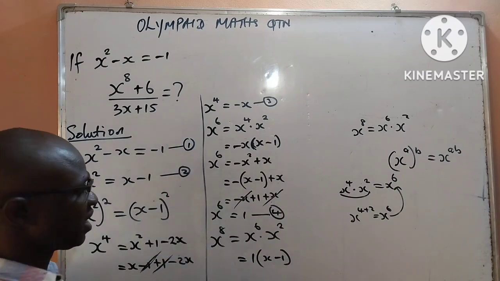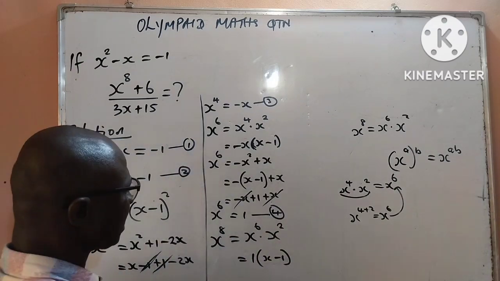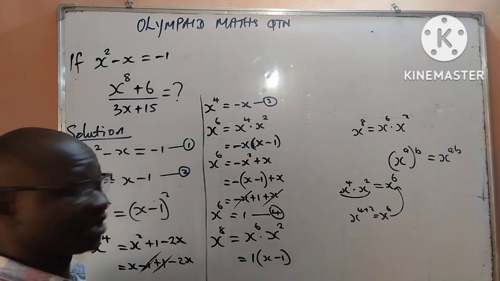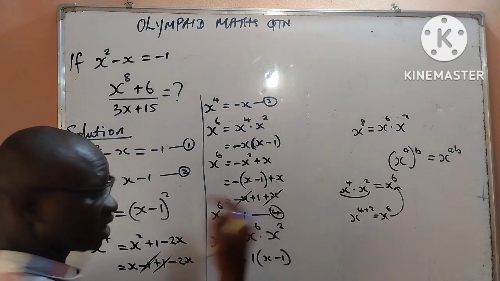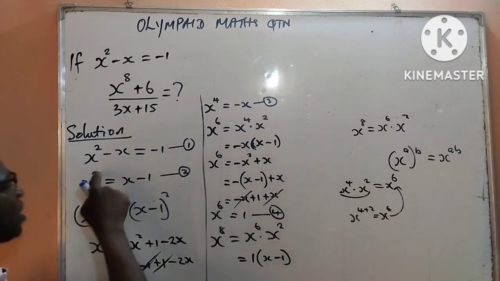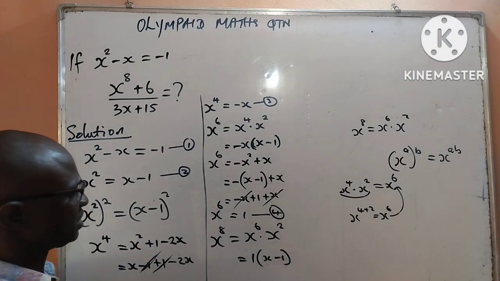So this is what I have. And the result of this product is equal to my x to the power 8. And if I open the bracket here, I will still get x minus 1. In other words, x minus 1 is equal to x to the power 8, and it is also equal to x to the power 2 because 1 multiplied the bracket will give me exactly what is inside the bracket.